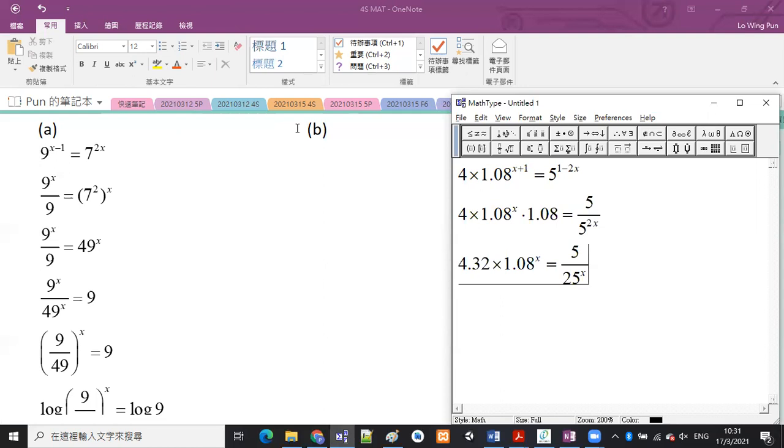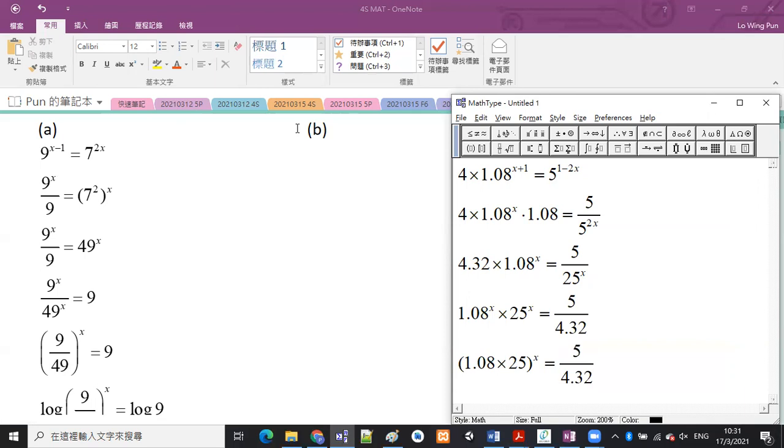Okay, so that is like this. 1.08 to the power x times 25 to the power x is equal to 5 over 4.32. Okay. And because these two terms are of power x and multiply together, we will take out the power x. Okay, so that should be 1.08 times 25 to the power x is equal to 5 over 4.32.